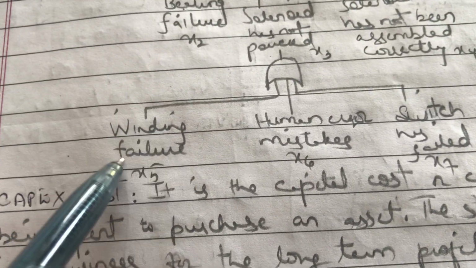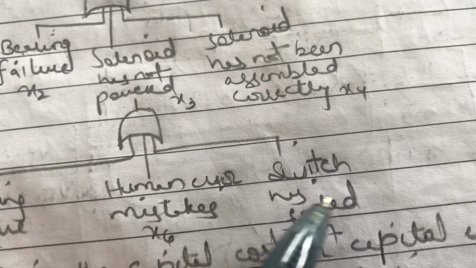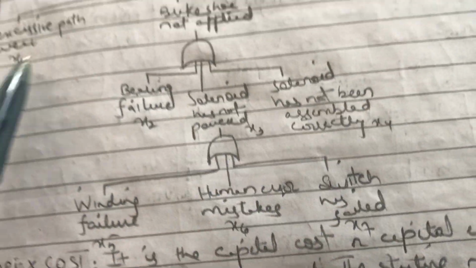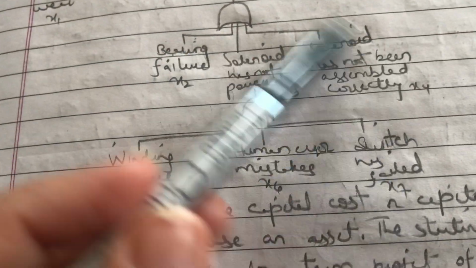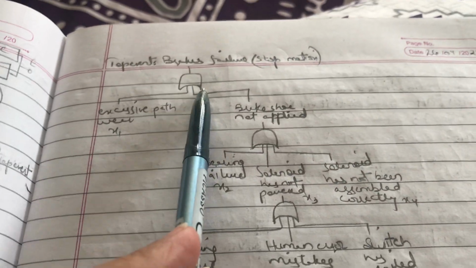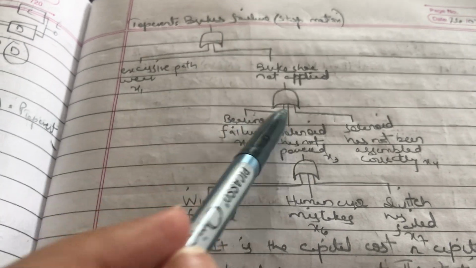Winding failure is x5, human error mistakes is x6, switch has failed is x7. So we have 7 possibilities present here. I hope they are all represented in the form of OR gates.